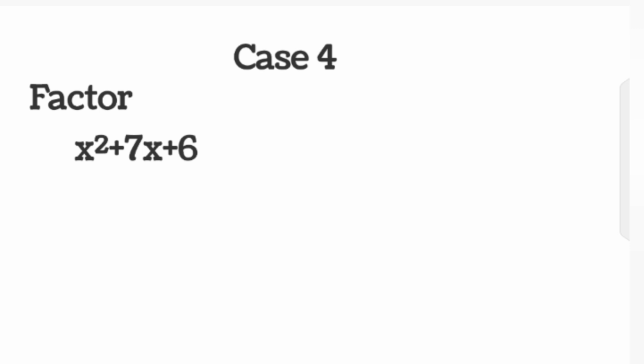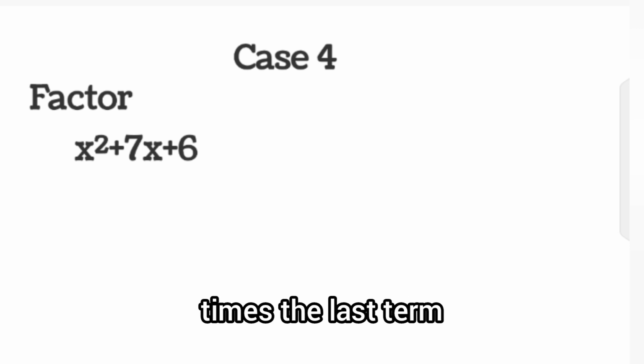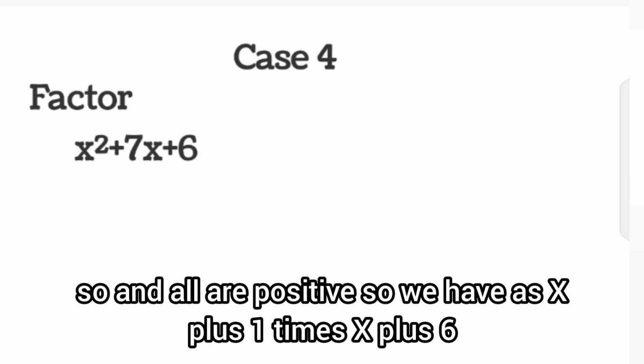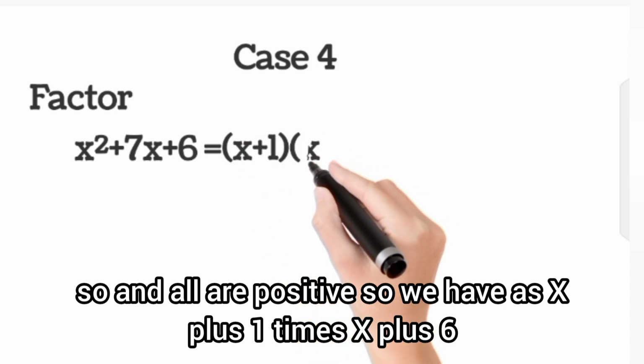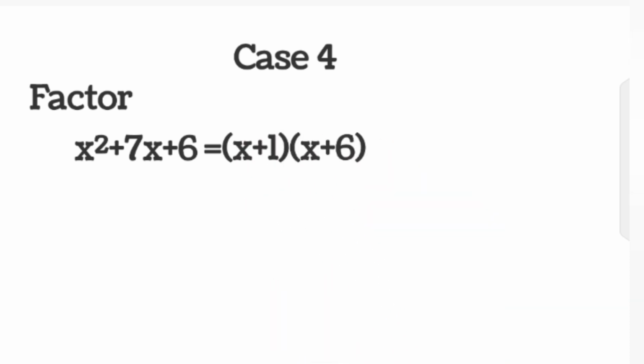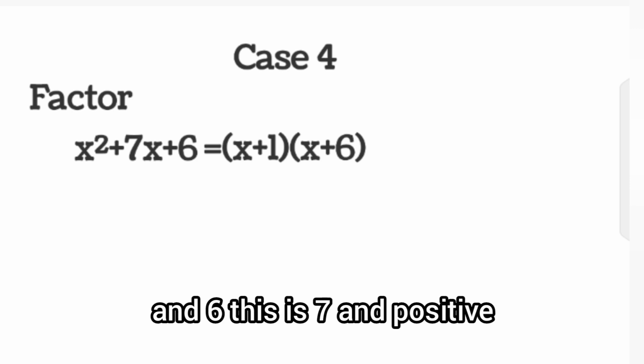So for this, it is 1 times the last term. And all are positive, so we have x plus 1 times x plus 6. So if you add 1 and 6, this is 7 and positive.